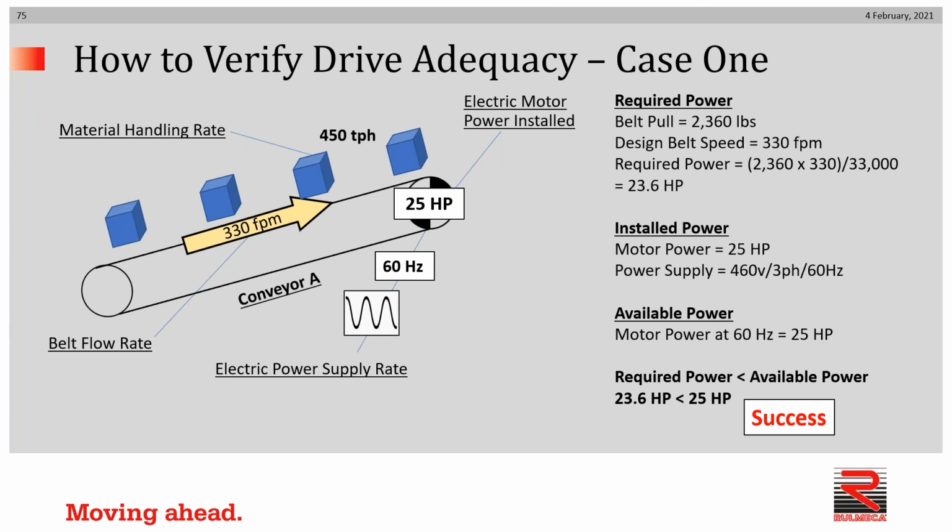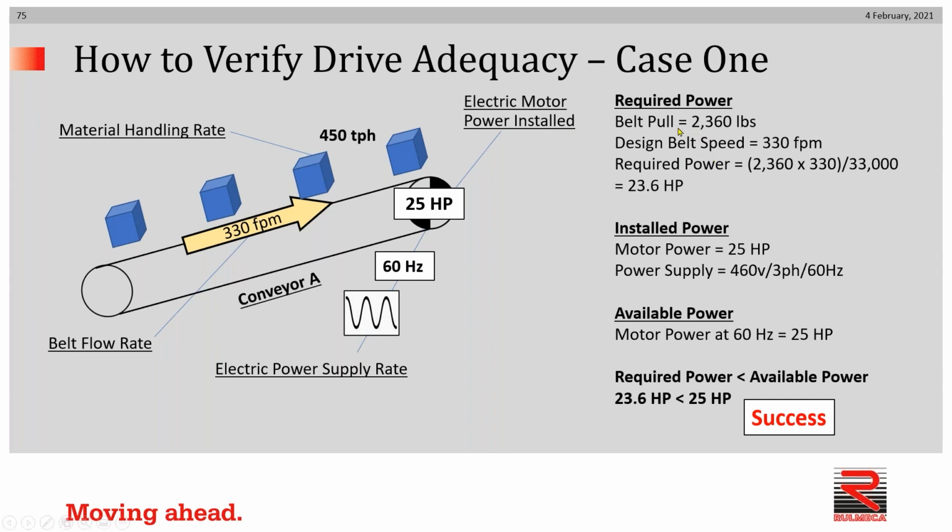Case 1. I remind you we looked at conveyor A, in which the design parameters were as follows. We wanted to move 450 tons per hour at a belt speed of 330 feet per minute on a power supply of 460 volt, 3-phase, 60 hertz. We decided to install a 25 horsepower motor, which was designed to run at 460 volt, 3-phase, 60 hertz.